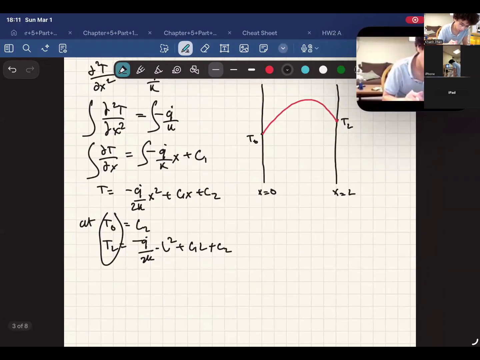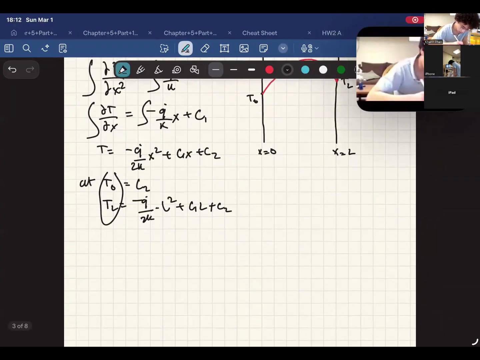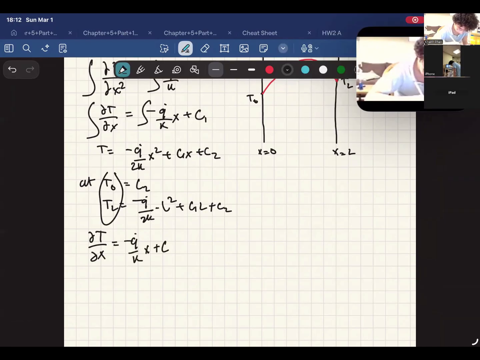So we're going to use this equation, dT over dx equal to negative Q over K x plus C1.